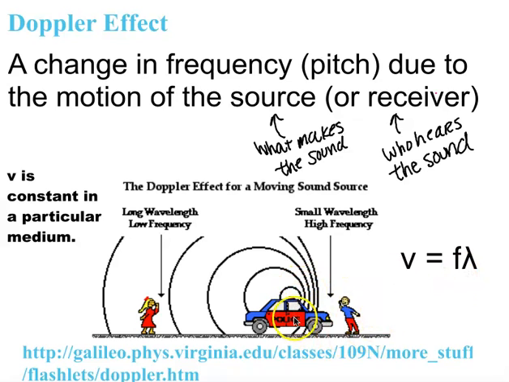So on this side of the picture with the policeman driving towards the person, we see that these waves are close together, so a short wavelength, a small wavelength, will then result in a high frequency, a larger frequency, to keep that speed of sound constant.